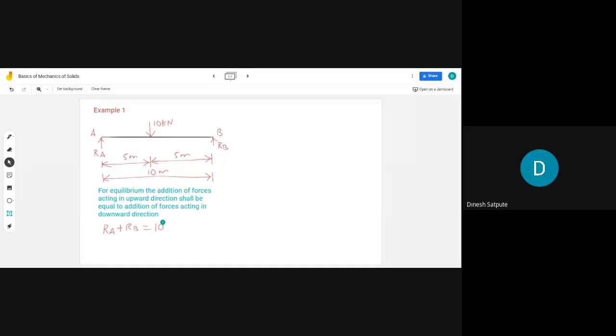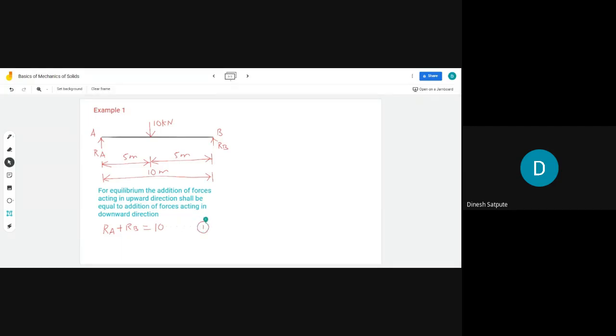As of now, I am not going to convert this 10 kilonewton into newtons, so I'll keep it as it is. From this, we get one equation. This is your equation number 1.